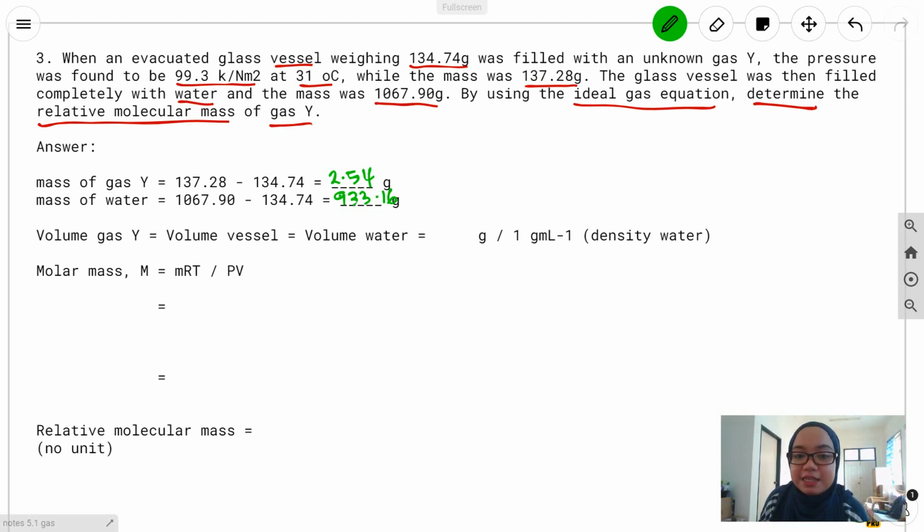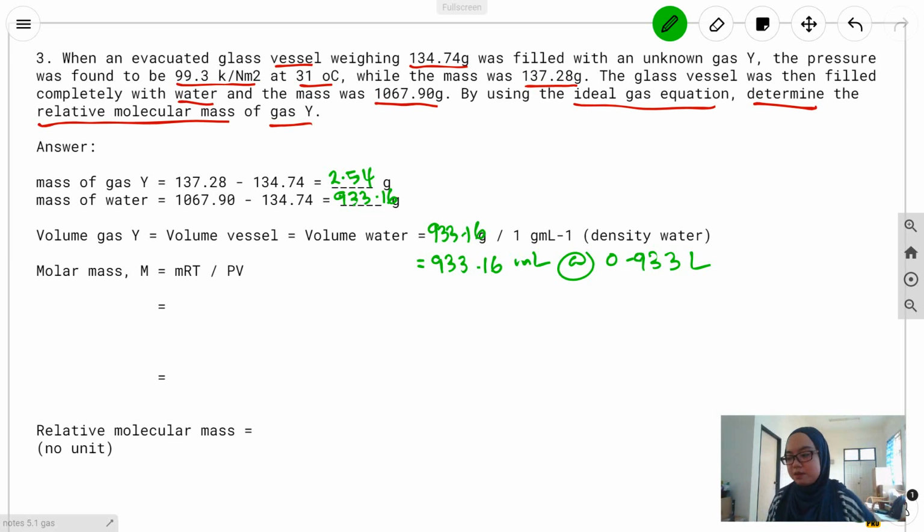The mass of water is 933.16, so 933.16 divided by 1. So we got the volume of water equal to 933.16 ml or 0.933 liter.